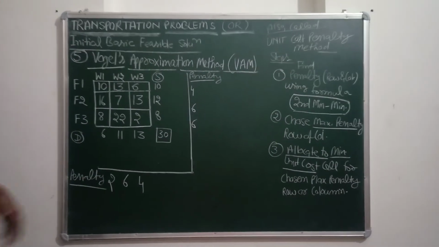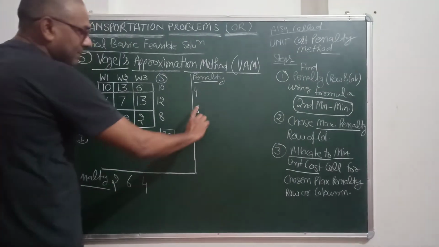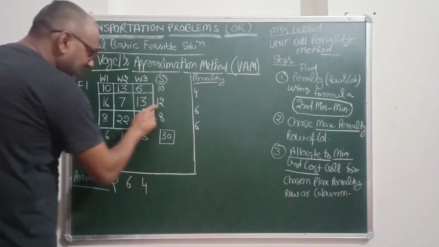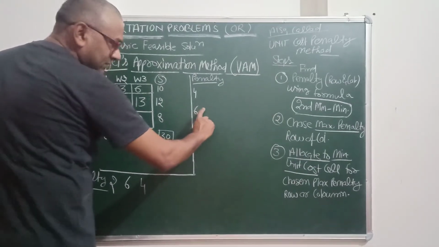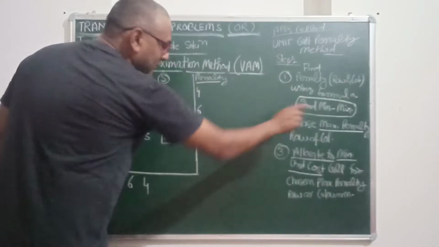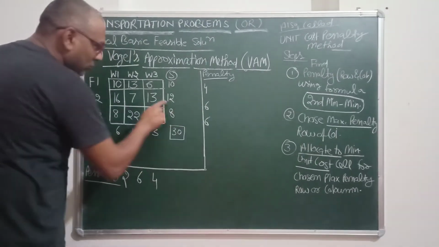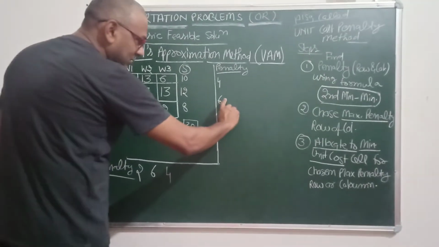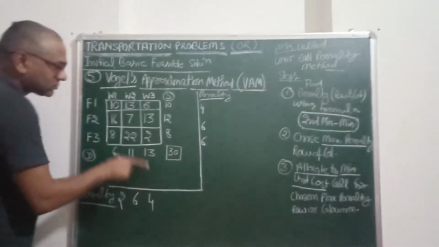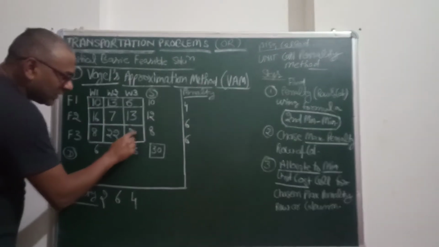Okay, so now how can we choose the values? So you have to select the maximum penalty row or column and then if there is a contradiction or a clash between the maximum penalties, what you have to do is select all the rows and the columns having maximum penalty and then choose that row or column which is having the minimum cost.